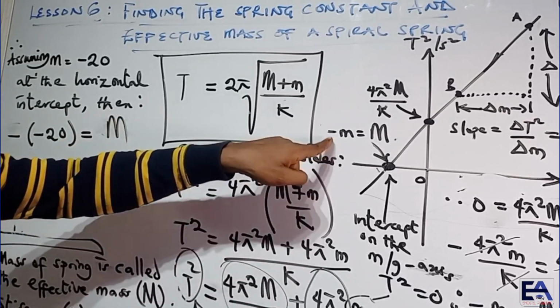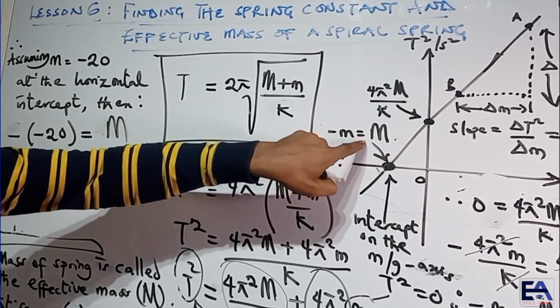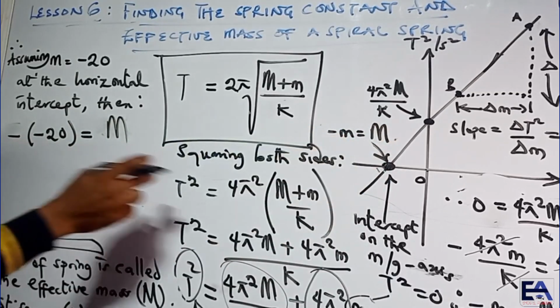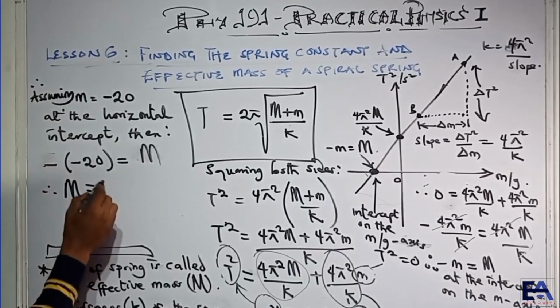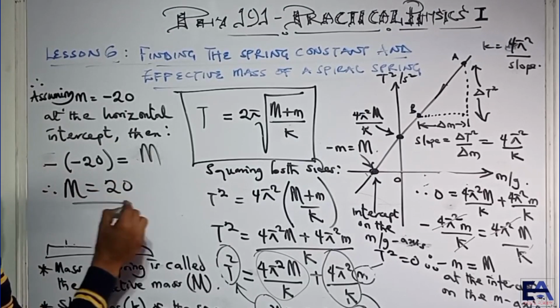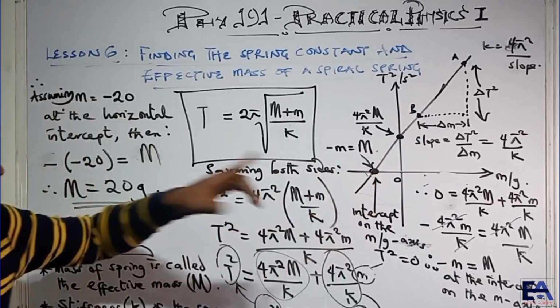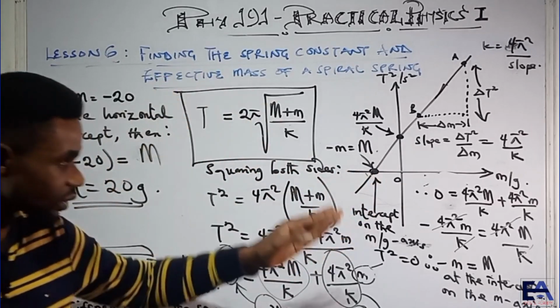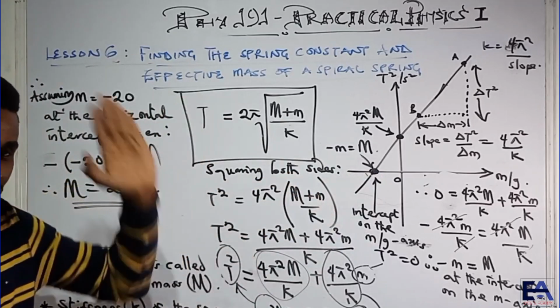Since we already know that minus m is equal to m, anything that we have here, the negative of that value, is equal to the effective mass of the spring. So negative of minus 20 is equal to m. Therefore the effective mass of the spring is positive 20 grams. Anything you see here, just remove the negative sign, and whatever you see there is automatically the mass of the spring in that experiment.